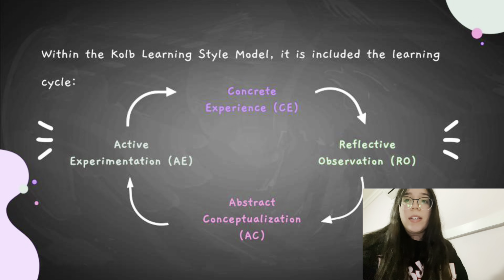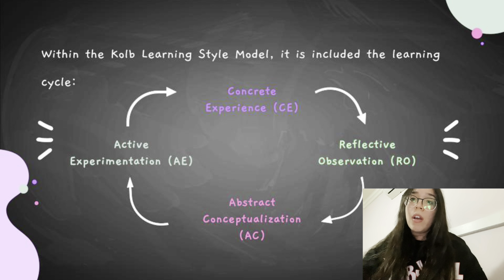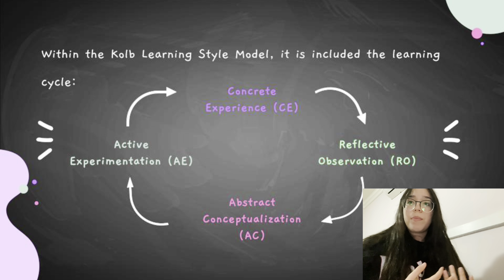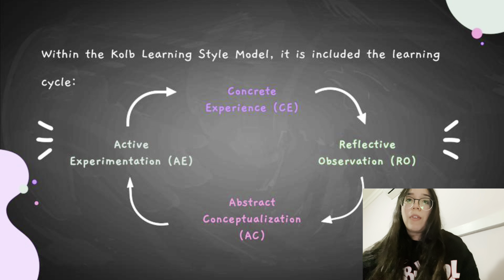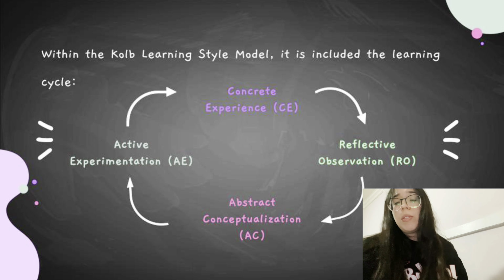The first one is concrete experience mode, that describes people who feel more than they think. And an example of activities that can be used in this mode can be games, simulations, or labs.